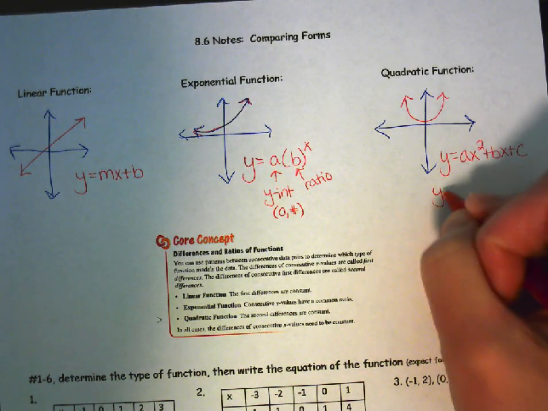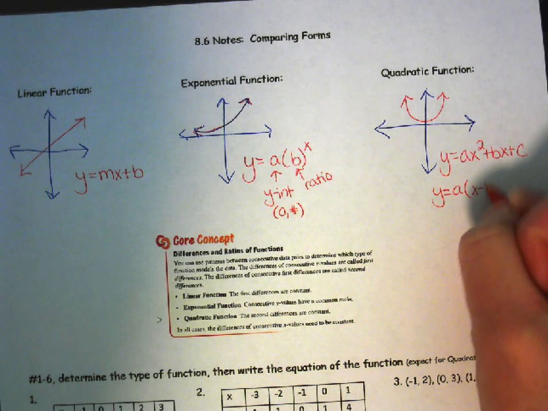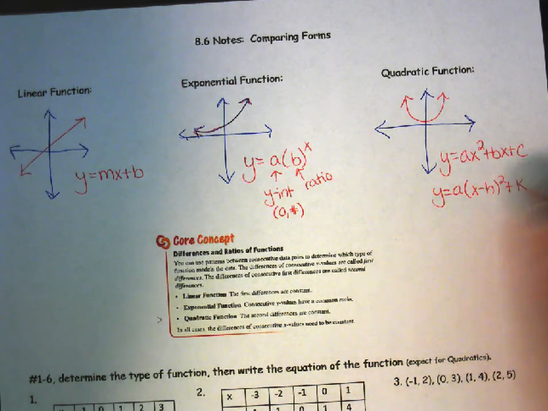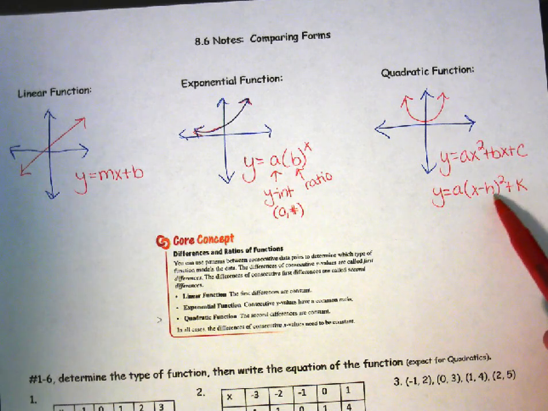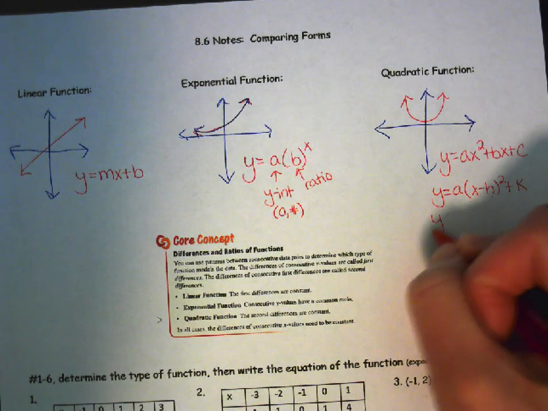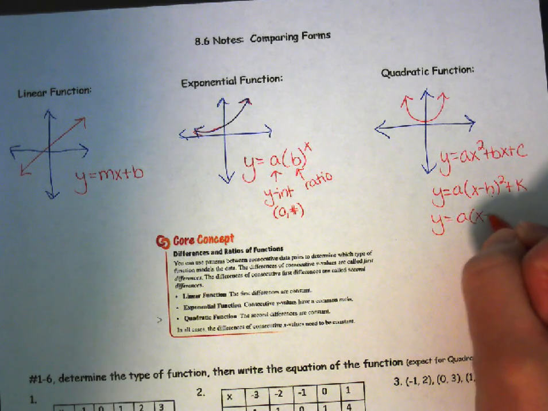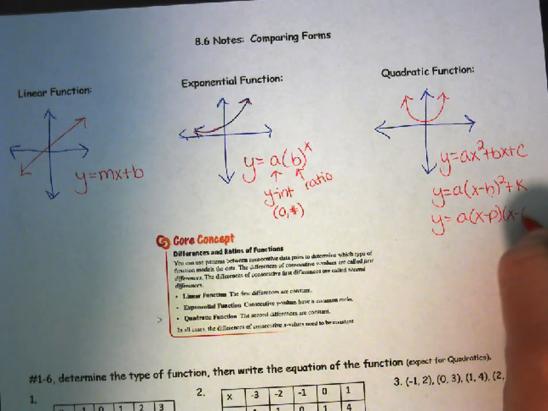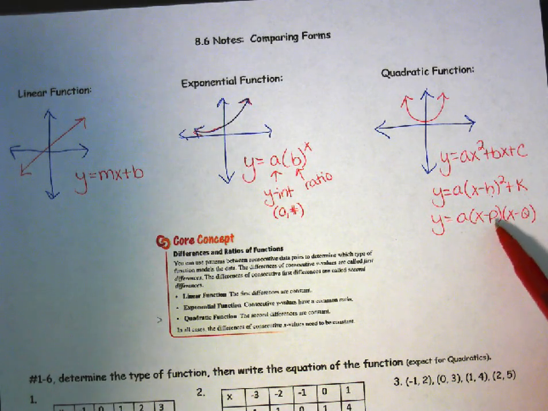Then we have vertex, that's the one with the h and the k, and we can pull our vertex out as h comma k. And then we also have intercept, that's the one with the p's and the q's. And remember, we use our little formula to give us our axis of symmetry.